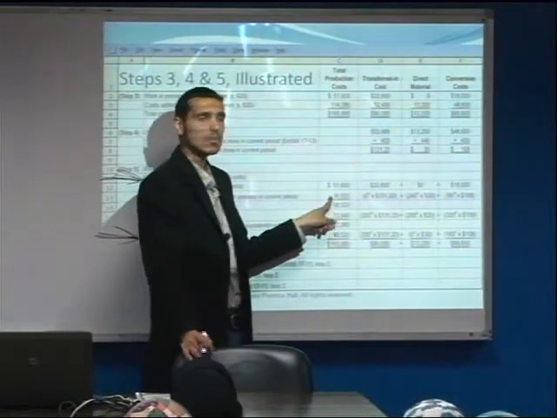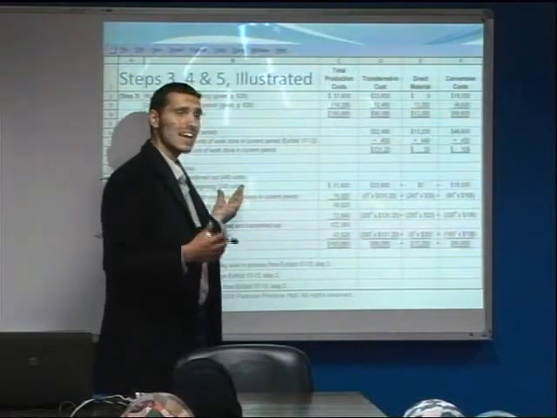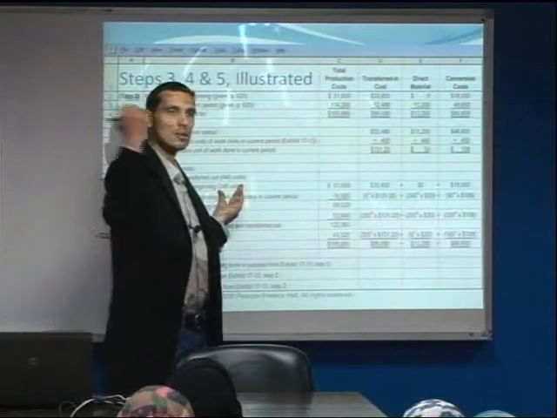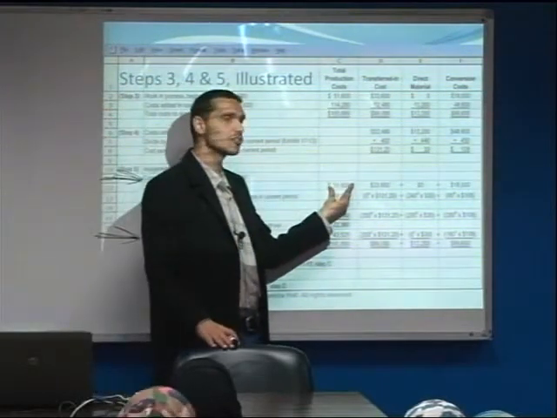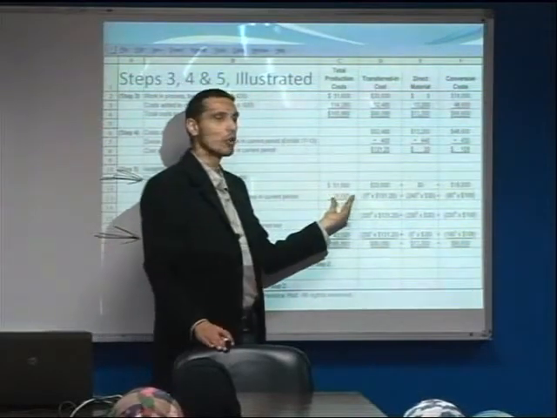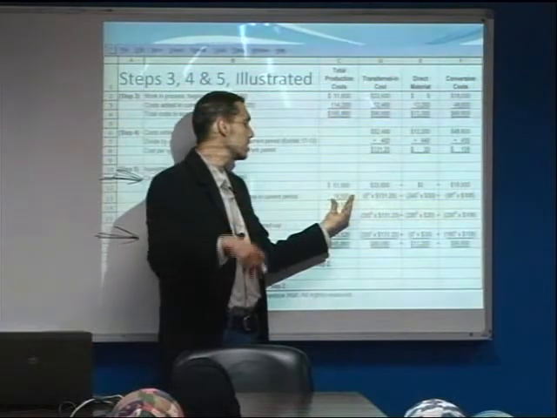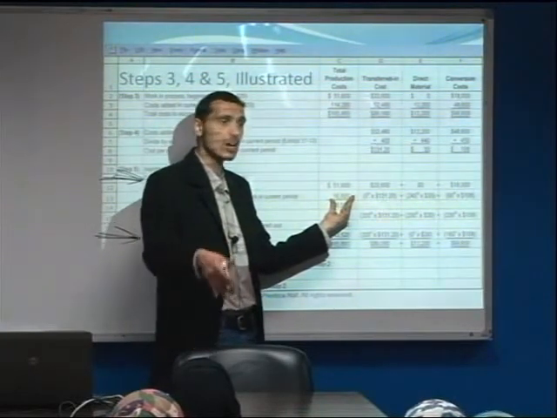16,920. Therefore, the 240 units that were started in a previous period with a cost of 51,600 had 16,920 added upon them, which is the work that was done in this current period.